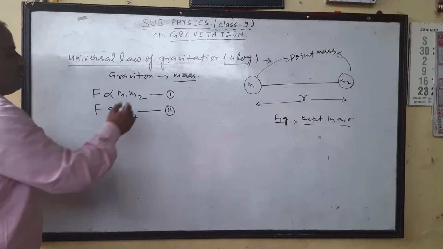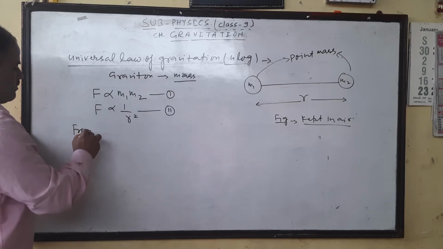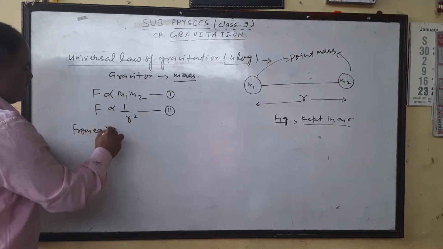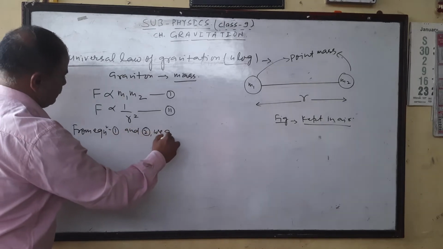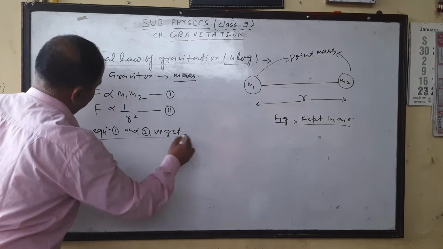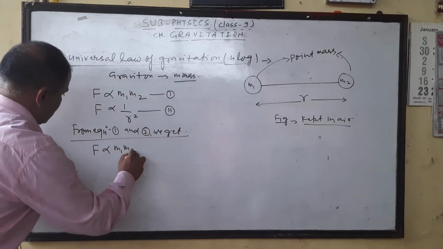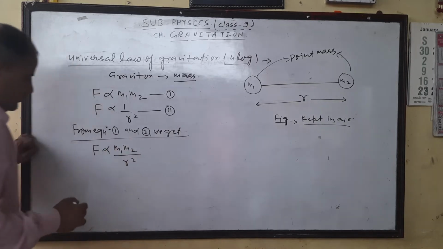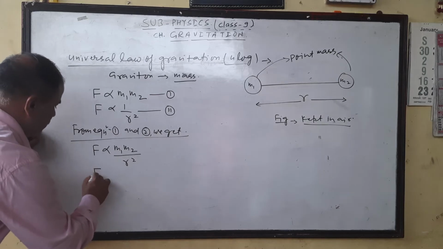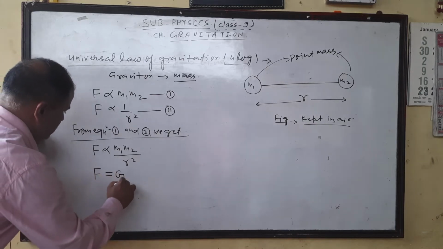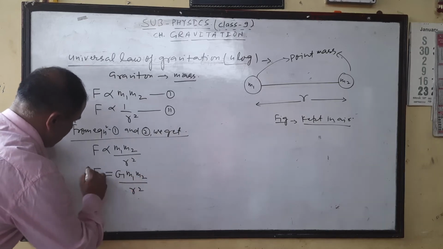Inversely proportional means if one quantity increases, the other decreases. So combining equations 1 and 2, we get F proportional to m1 m2 by r square. When you remove the proportionality sign, you get F equal to capital G m1 m2 divided by r square.